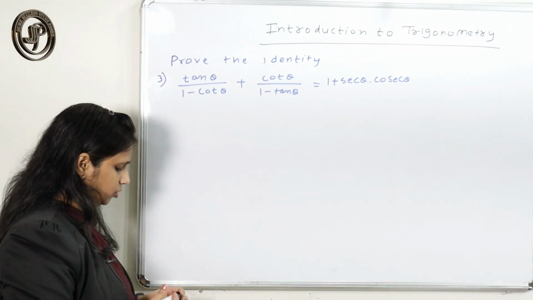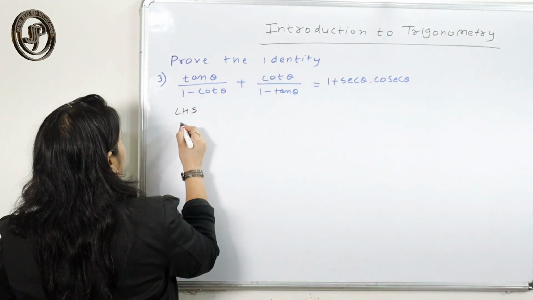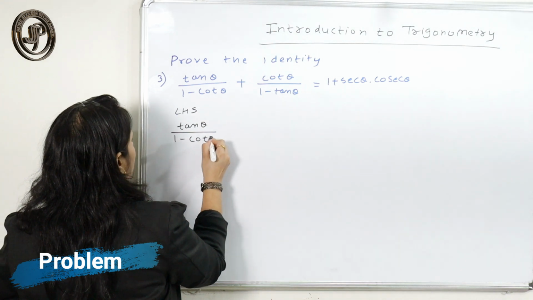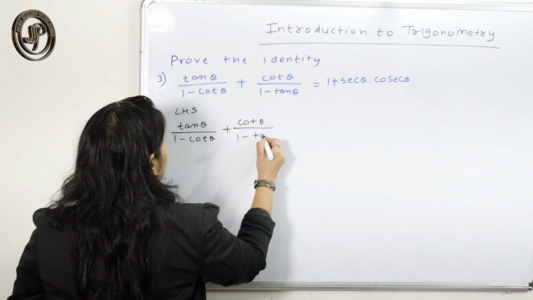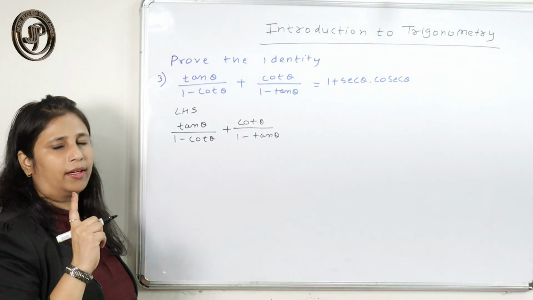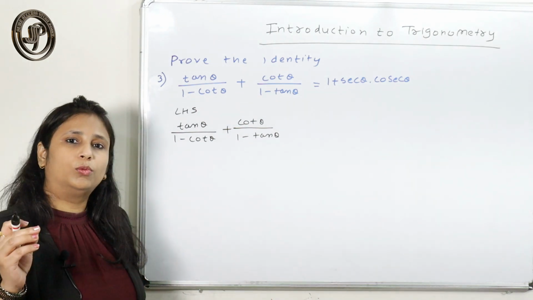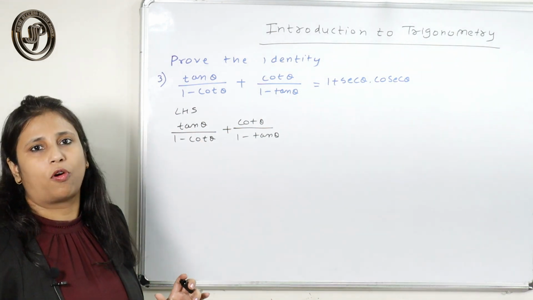So here is a question. We have LHS as (tan theta)/(1 minus cot theta) plus (cot theta)/(1 minus tan theta). So what is the first trick that I have given you to solve the identities? First, convert all the ratios into sine cos form.